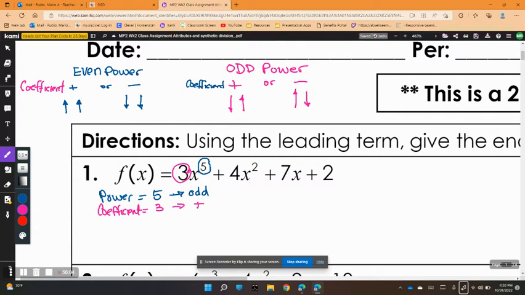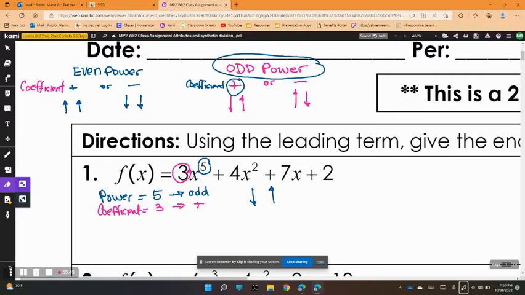So we've got an odd power and a positive coefficient. That means my end behavior is going to be such that the left will be going down and the right side will be going up. Pretty easy once you see the pattern.